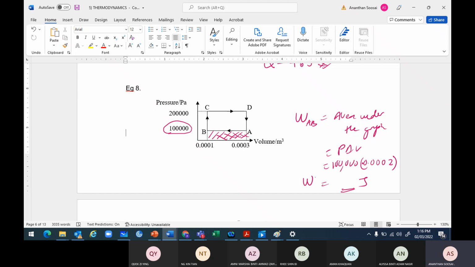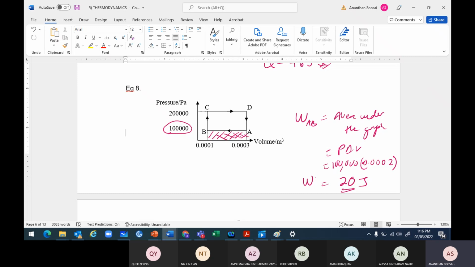No need to put negative, sorry. Just the change in volume. 100,000 times 0.0002, how much do you get? 20 or 200? 20. You get 20 joule. Okay, the work done from A to B is 20 joule.